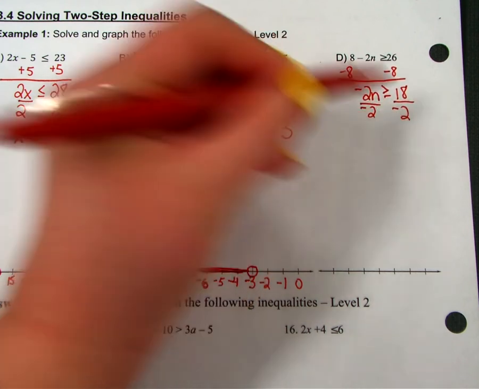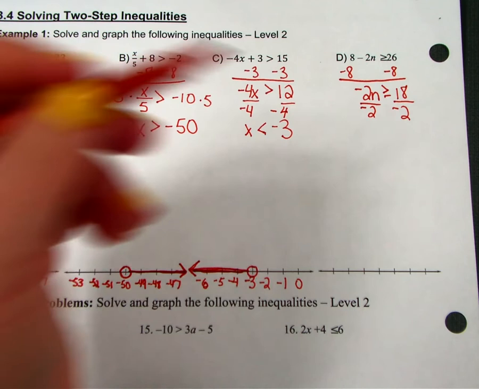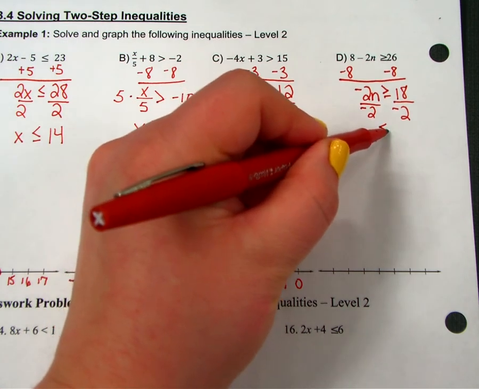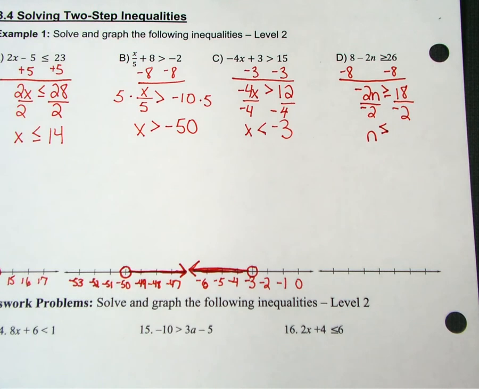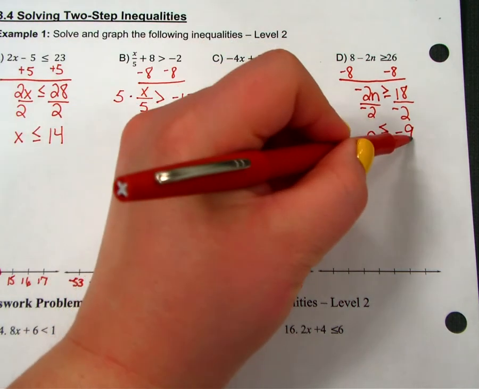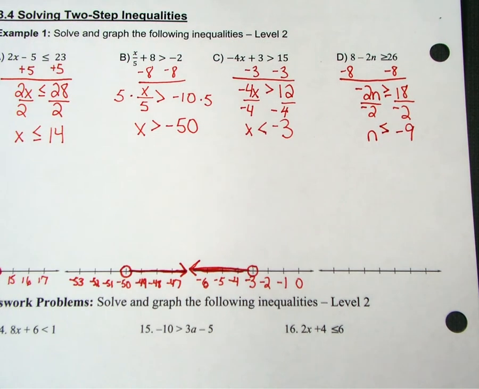Since I'm dividing both sides by a -2, that means that my greater than or equal to sign is going to change to a less than or equal to sign. 18 divided by -2 is -9. So -9 goes in the middle.